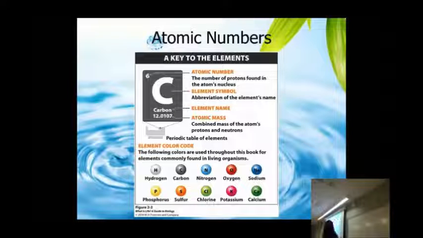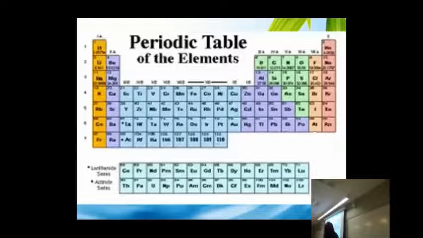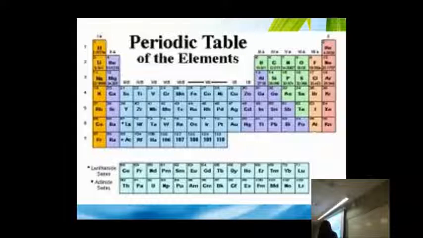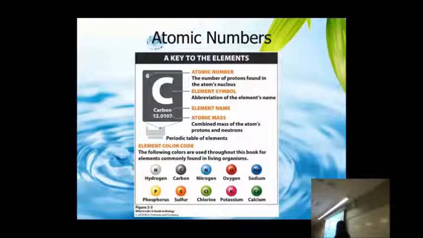So an element's color code here in the periodic table, you can see that they're grouped into certain colors, and that's based on the way that they interact with other elements. And so we have gases, we have here, oh, that's not my thing, chemistry, so I'm not going to even try and pretend like I know the names of all of them.